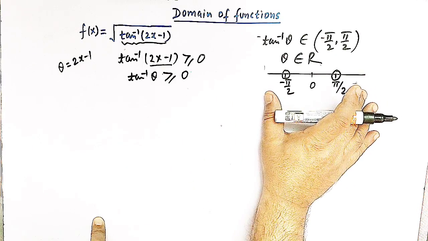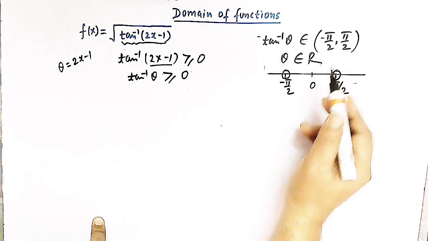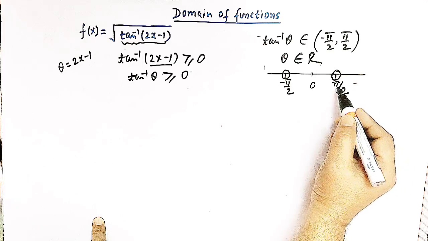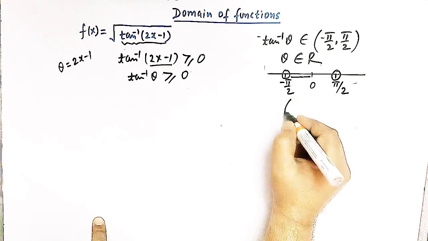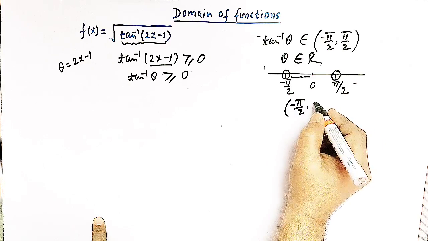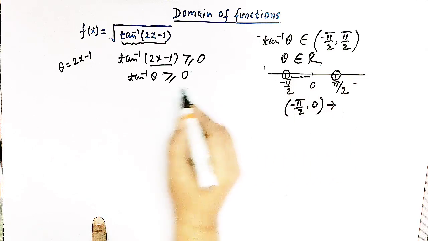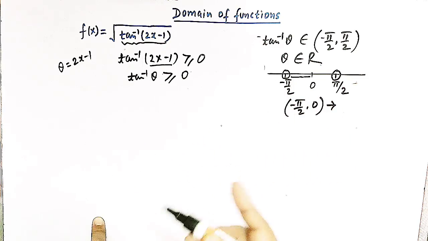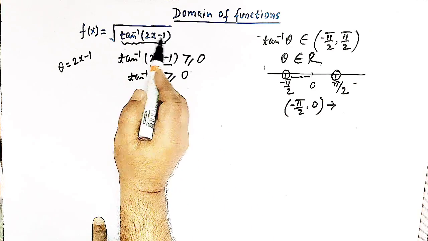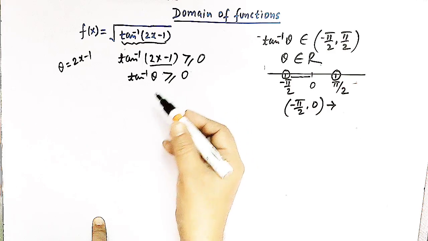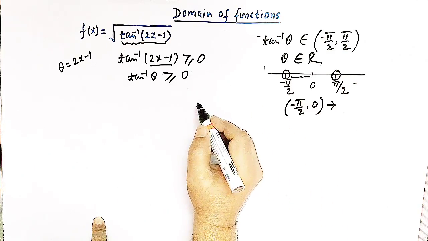Now consider this real number line. Tan inverse theta has the range from minus pi by 2 to pi by 2, and in the interval from minus pi by 2 to 0 we have all the negative numbers. Tan inverse theta cannot be a negative number, because then we would have the square root of a negative number, which results in a complex number, but here we are dealing with real numbers.